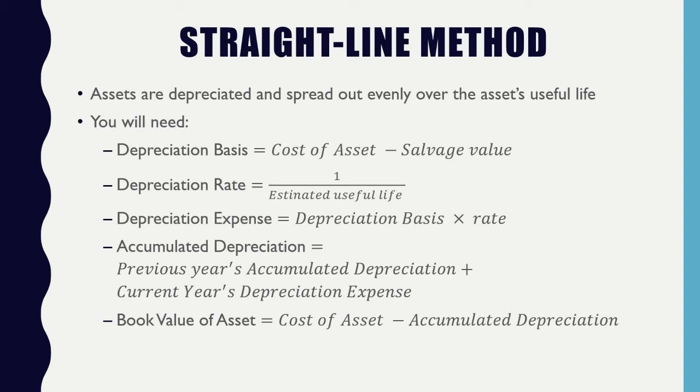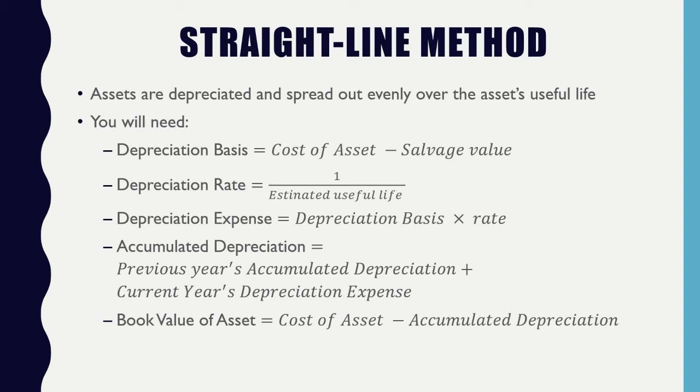Now, if you think about this, 1 out of its estimated useful life can pretty much determine that if the asset can last 5 years, then every year, how much do you need to depreciate it to end up on the 5th year to equal the total asset cost? That's exactly what I mean. We're spreading the cost evenly amongst its total estimated useful life.